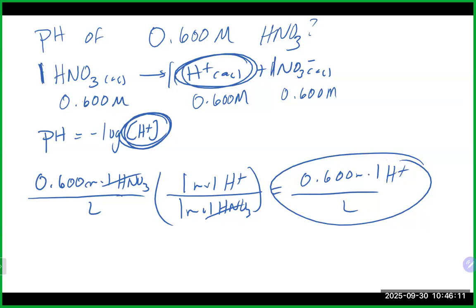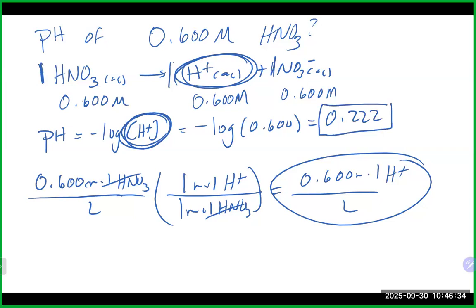But again, you could quickly do it just by doing 1-to-1 or 1-to-2, 1-to-3, whatever it may be. So since we know the H plus concentration, in this case it's minus the log of 0.6, and it looks like we'll get a pretty low pH, 0.222 in this case, right? Which is definitely acidic, as that's close to 0 for sure.